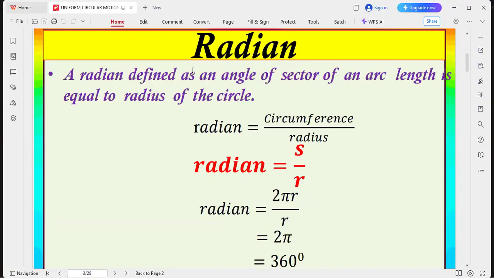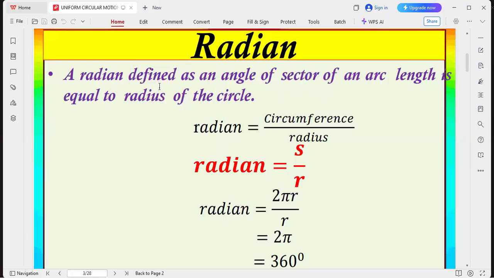Let me put it in other words. A radian is the angle subtended at the center of a circle, traced by a body that moves an arc length equal to the radius of the circle.